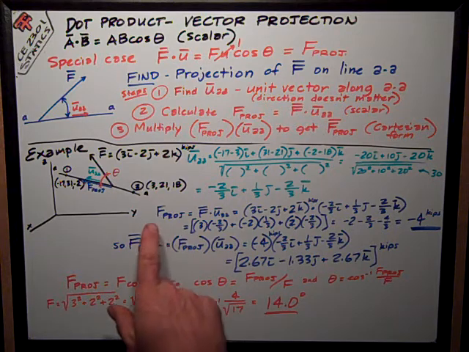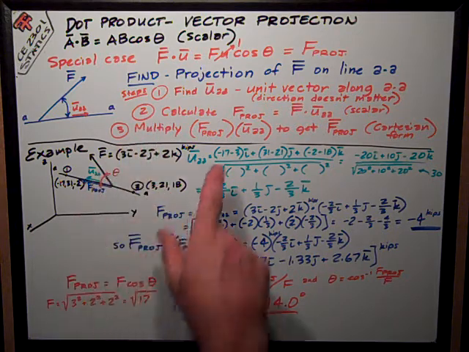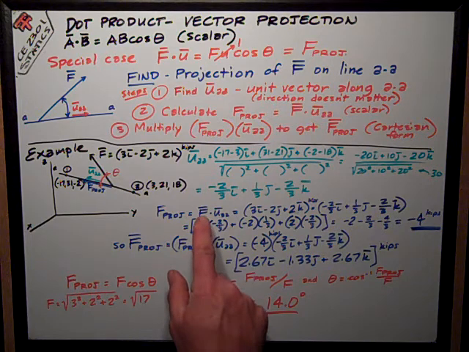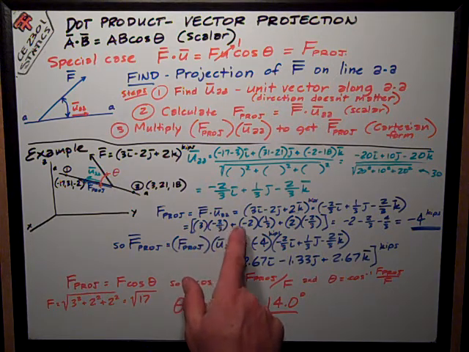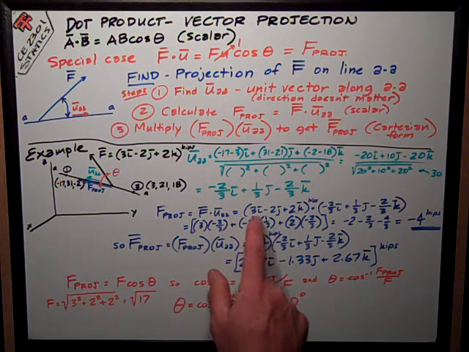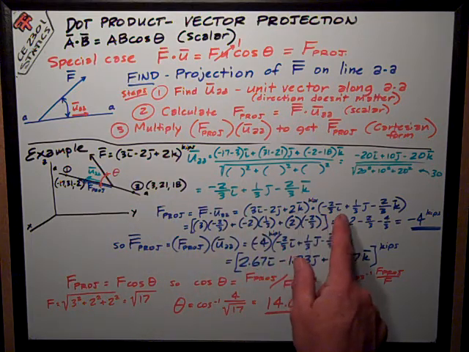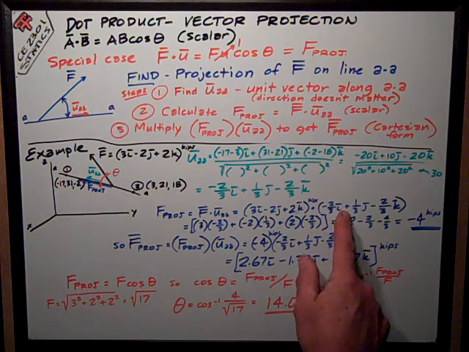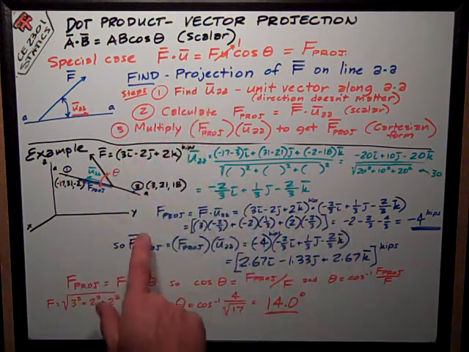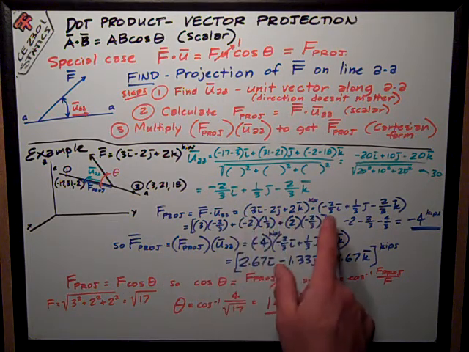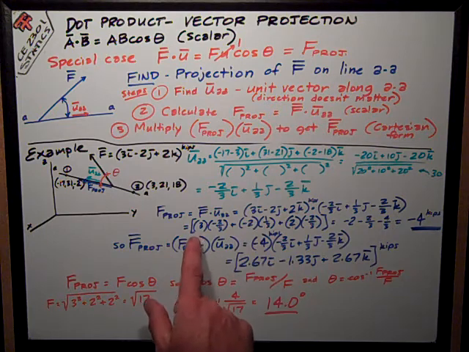Have the step 1. Now step 2 is calculate F projected, the scalar value, which is F, the vector, dot U AA, the vector. So I write out vector F as this format, and write out vector U AA as this. And remember, when I dot product, I just multiply my common terms. I multiply the i terms times each other, j and k times each other.